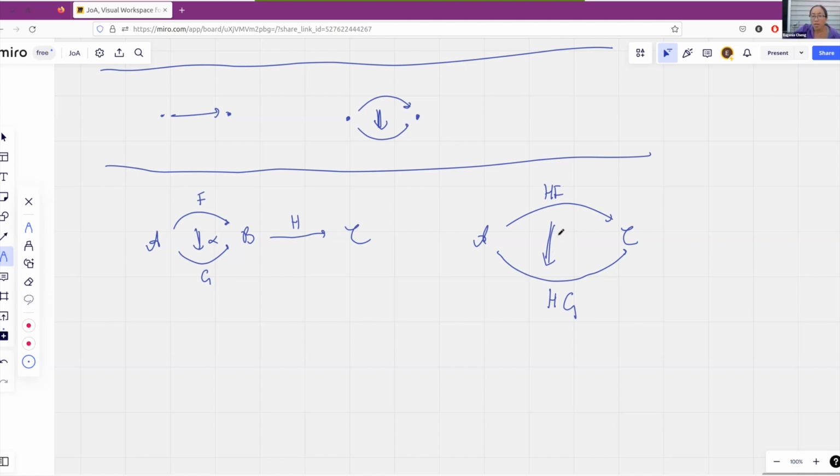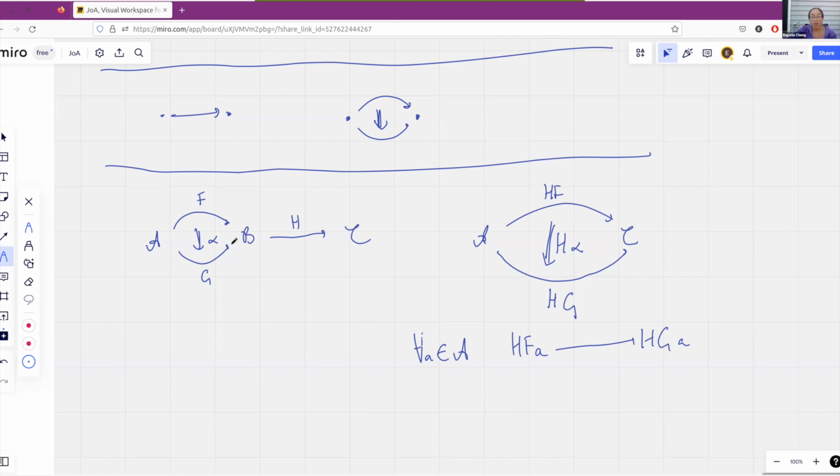And we might call it H alpha, because we're going to do the identity on H in this part and alpha on that part. Now we can play around with it. What would a natural transformation from HF to HG have to look like? It would have to have, for every A in A, a component from HF of A to HG of A. Now, what morphism do we have that looks like that?